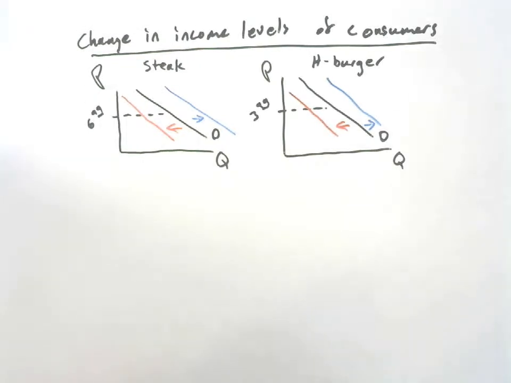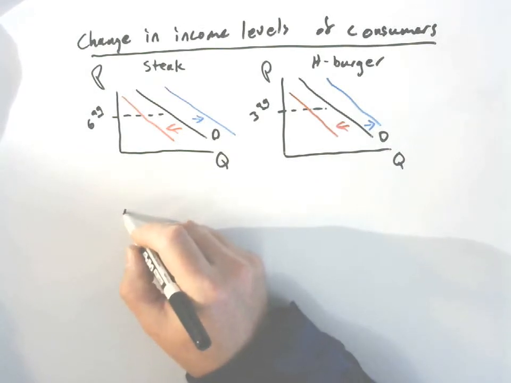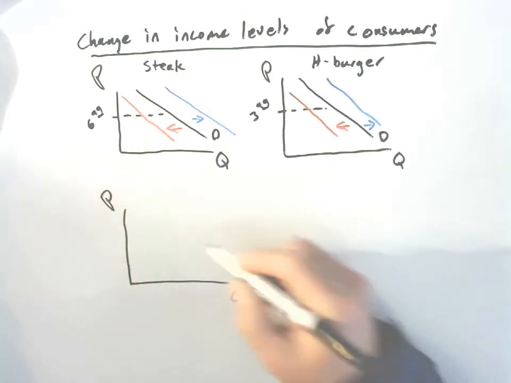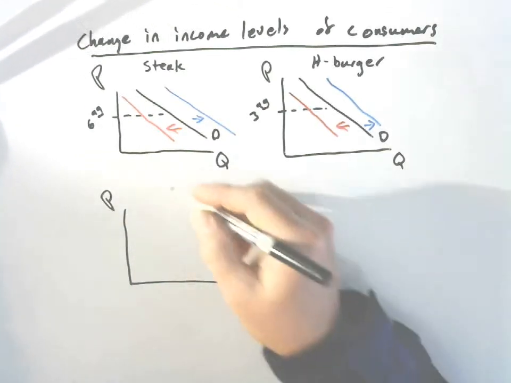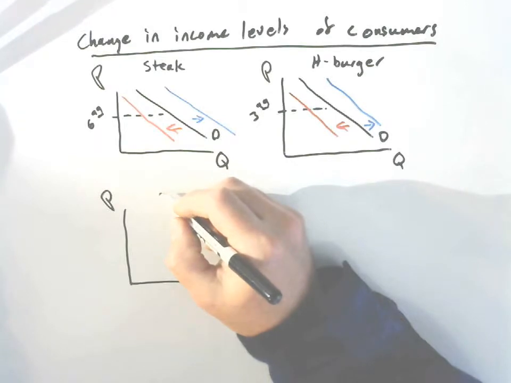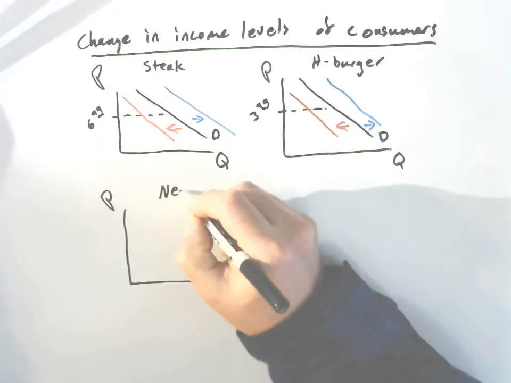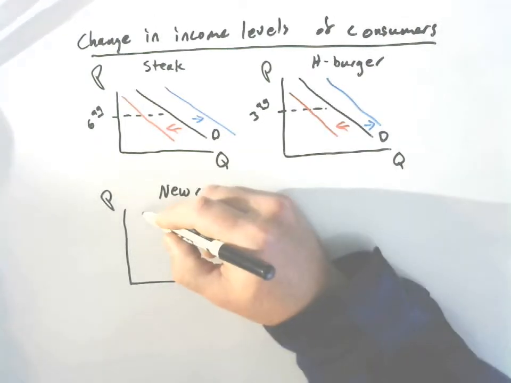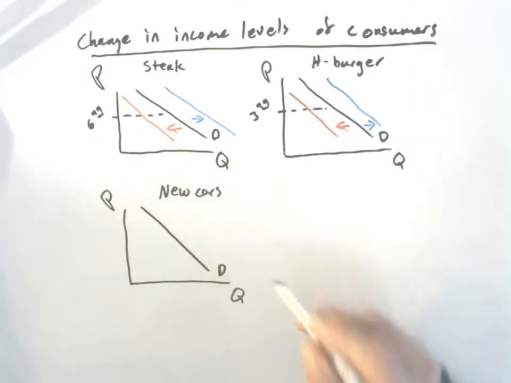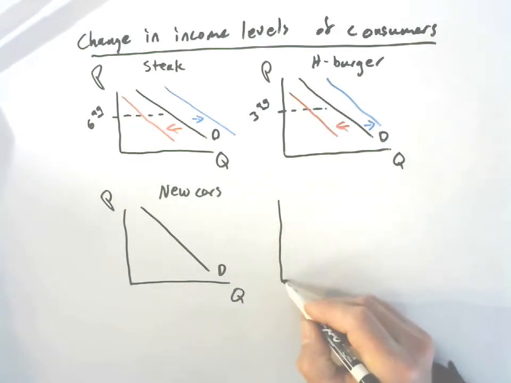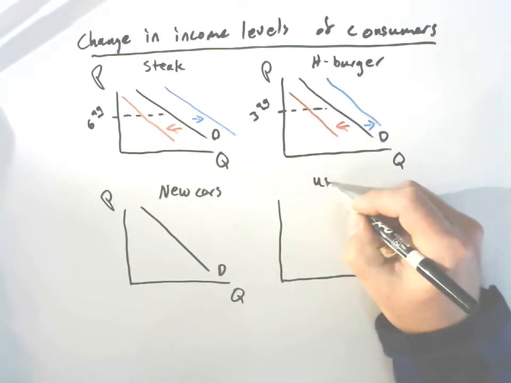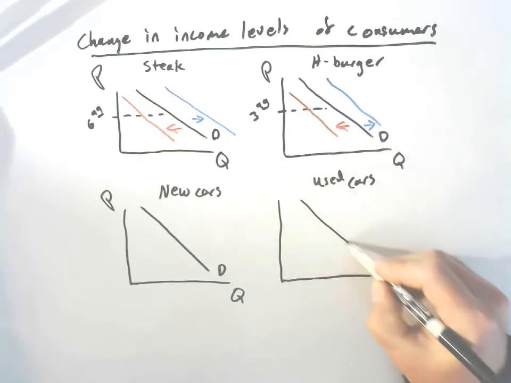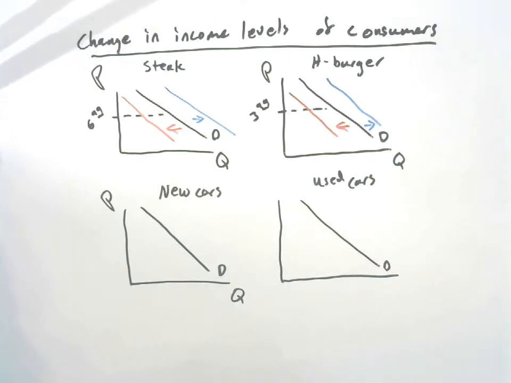Let's look at two other cases. Let's say this is market demand for new cars, which probably satisfies the law of demand. And let's say this is market demand for used cars, and that's the demand curve for used cars.